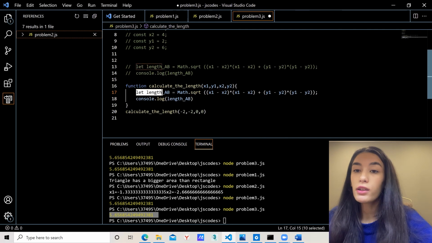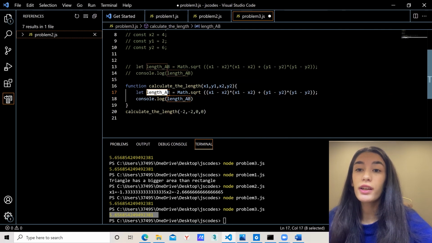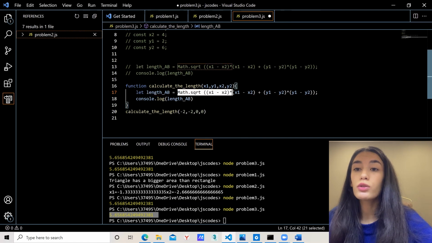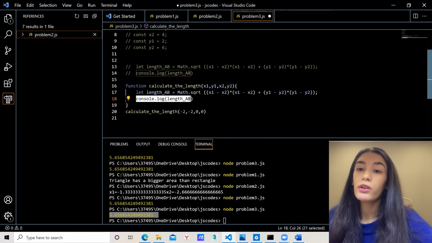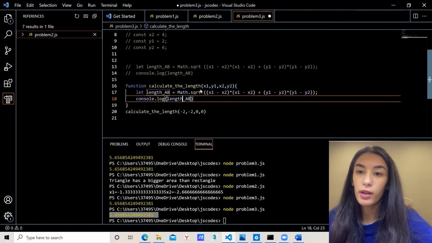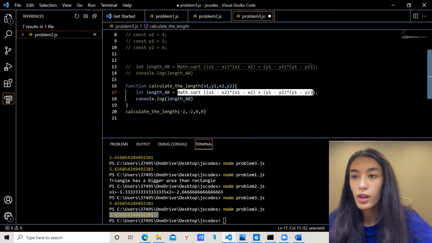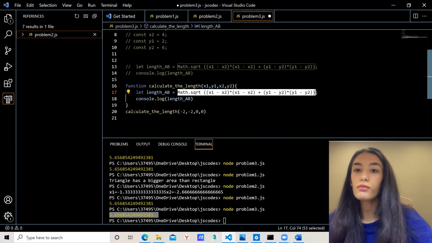We are inside the function, we are declaring length AB and telling that this length AB is equal to the formula for calculating the length of a line. And inside the function, we are also telling it to just print the length AB. As we remember, it will print the value that we get after calculating this expression.